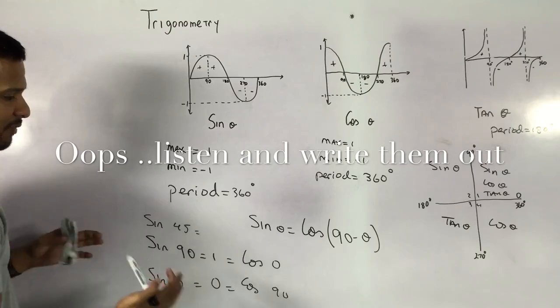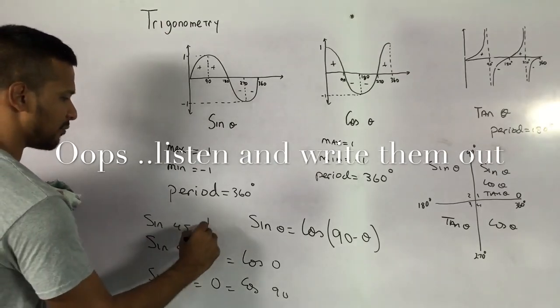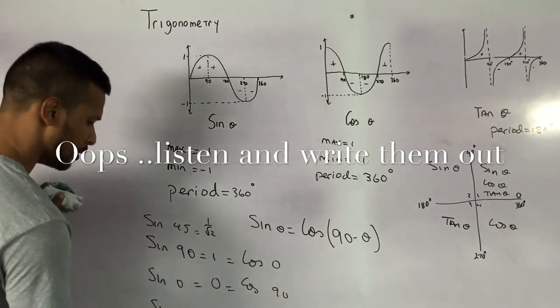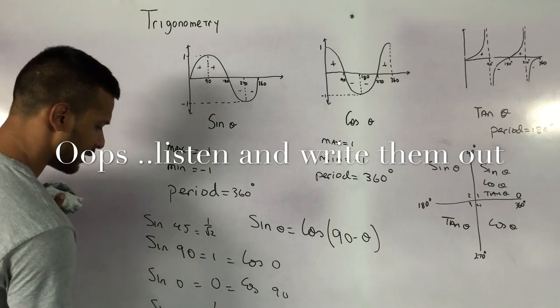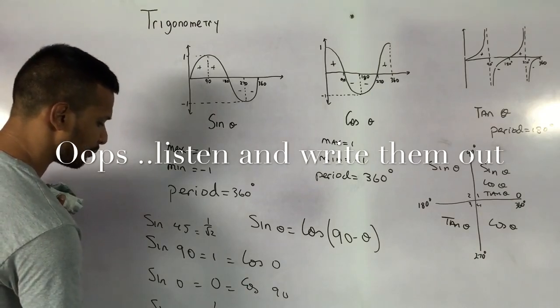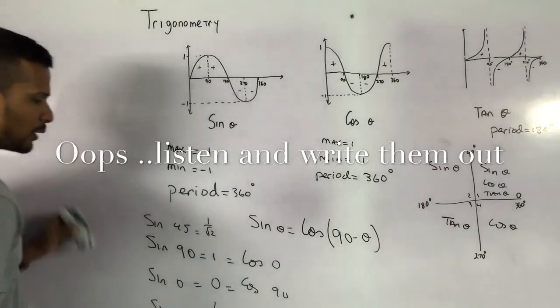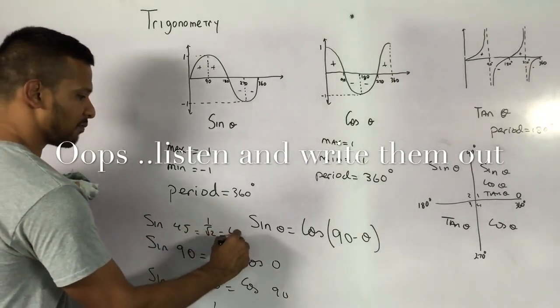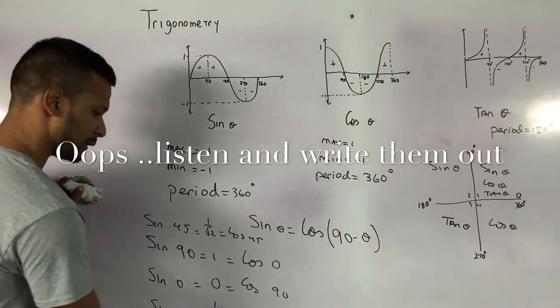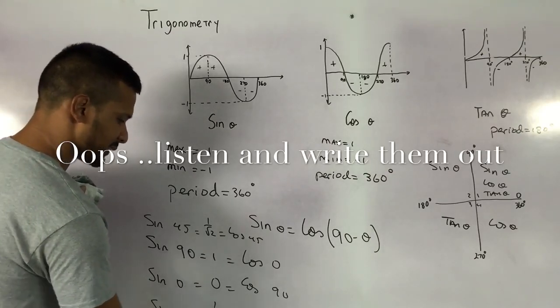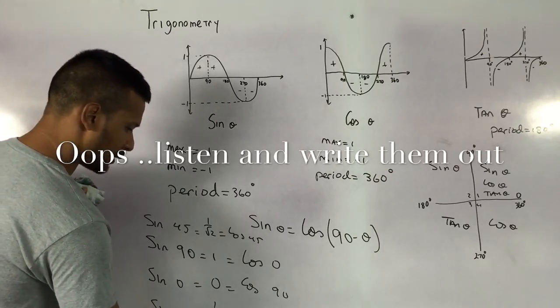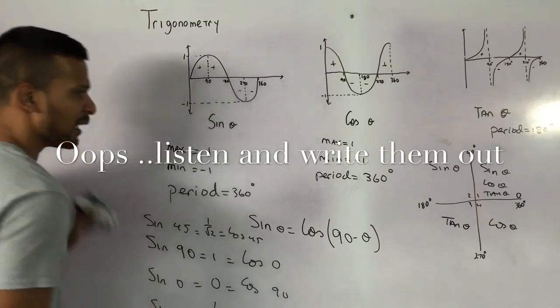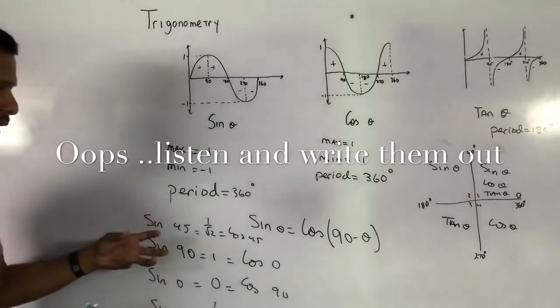So all these values are values that we should learn. Sine 45 is 1 on root 2, sine 30 is a half, and sine 60 is root 3 on 2. And this will be equal to cos 45, this will be equal to cos 60, and this will be equal to cos 30. Very important values that you must learn.